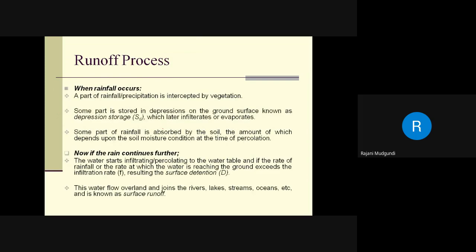Now the runoff process. When rainfall occurs, a part of the rainfall or precipitation is intercepted by vegetation. So the vegetal cover, trees, and plants will absorb some portion of rainfall. Some part of the water or rainfall is stored in depressions, say ditches, on the ground surface, known as depression storages, from which the water will slowly either infiltrate or evaporate.